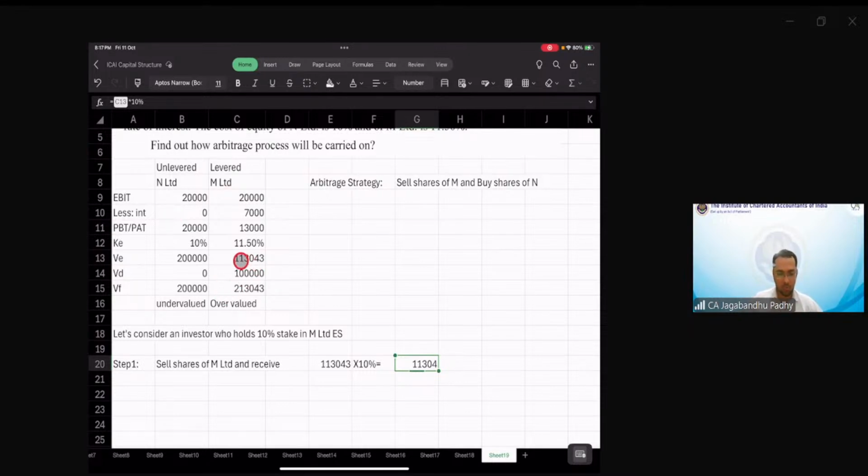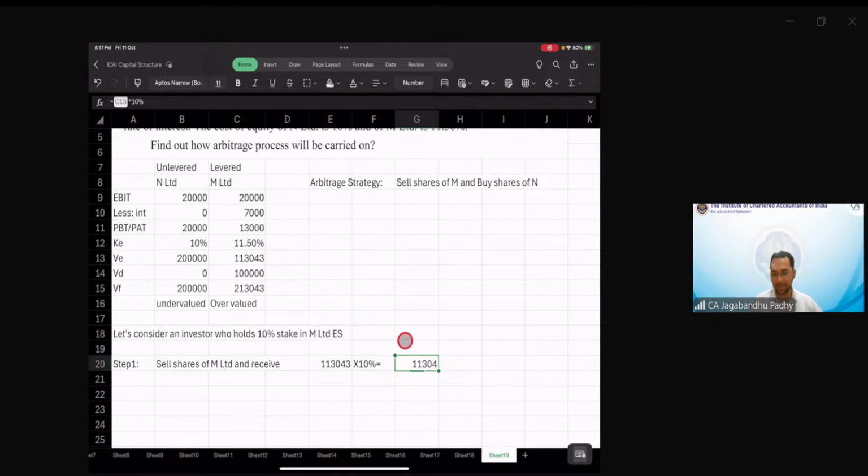For 1,13,000 equity, there was a debt of 1 lakh on the company. Correct? So there was actually indirect risk on your equity shares investment of 1 lakh.